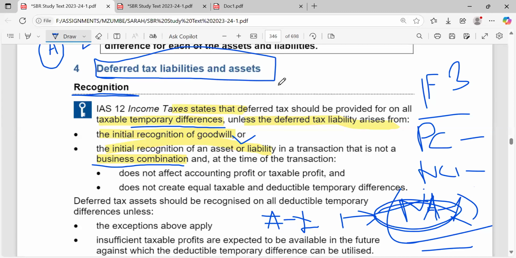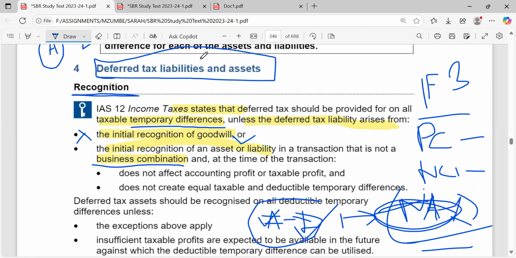Yes, so just like you have seen here, it should be provided for all temporary differences which are taxable unless it arises from goodwill. So if it arises from initial recognition of goodwill, we say no. But if it arises from other assets other than goodwill in a business combination, the differences here can be considered, no problem.